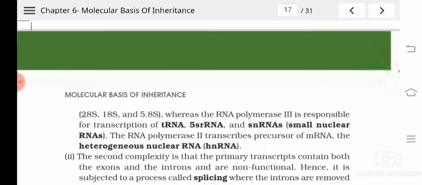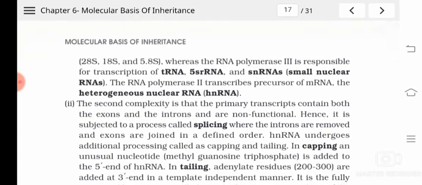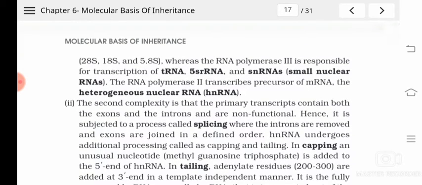These are small nuclear RNAs. Understood? So these are transcribed by RNA polymerase 3, and RNA polymerase 2 is needed for the transcription of mRNA. mRNA is transcribed by which polymerase? RNA polymerase 2. So that is the difference between prokaryotes and eukaryotes in their RNA polymerases.